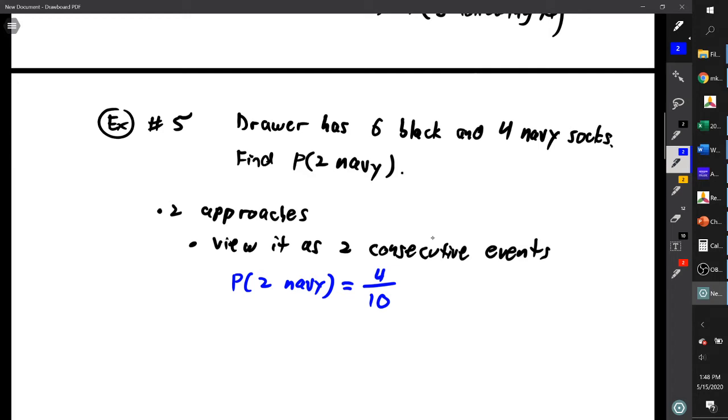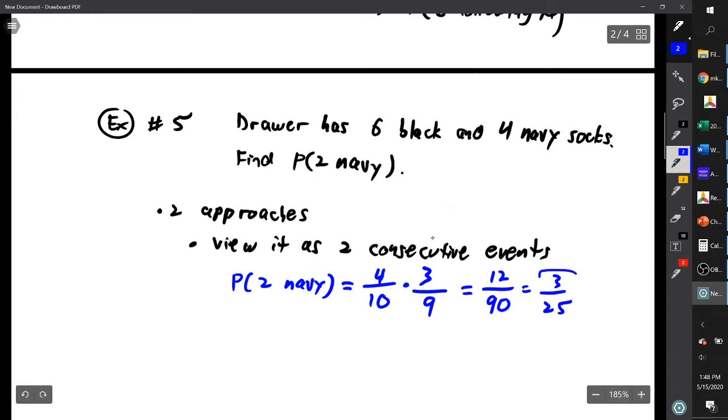Now, assuming that the first sock you grabbed was navy, what is the probability now that the second sock you grab is also navy? Well, now that we've taken one of the navy socks out of the drawer, there are now 3 navy socks out of a total of 9 left in the drawer. And so multiply these together, you get 12 out of 90, which reduces, let's see, to 6/50ths, so then to 3/25ths.